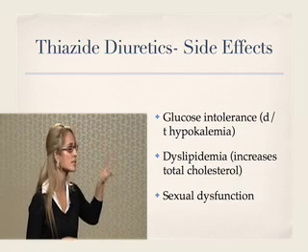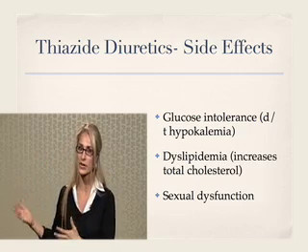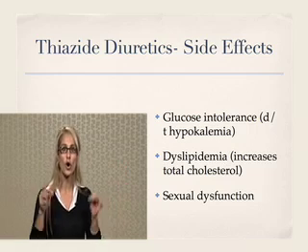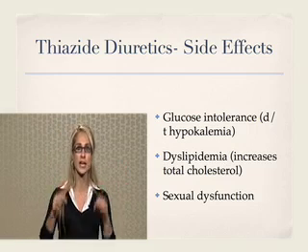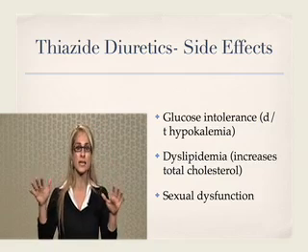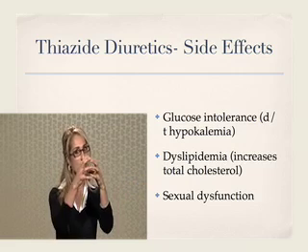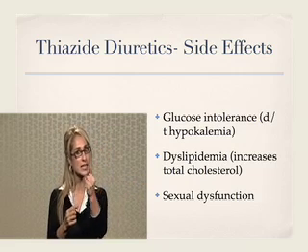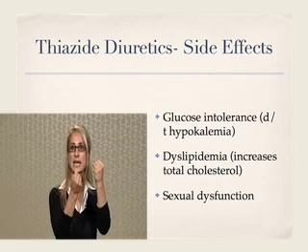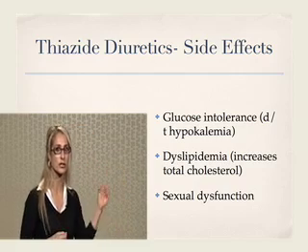In this case, what's important to remember is that if you have diabetes, for example, it's not contraindicated to give a thiazide. All you have to do is monitor their potassium. If their potassium doesn't go down, it's not going to cause glucose intolerance. Again, one more time, for every unit of insulin that goes into the cell, it needs potassium. If I don't have potassium around, I can't take that insulin into the cell, therefore causing glucose intolerance.